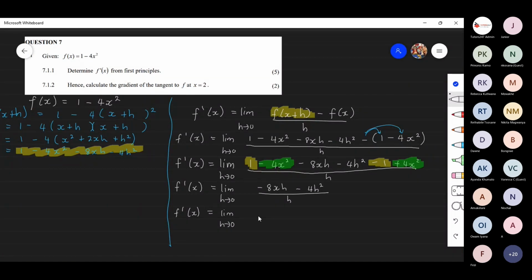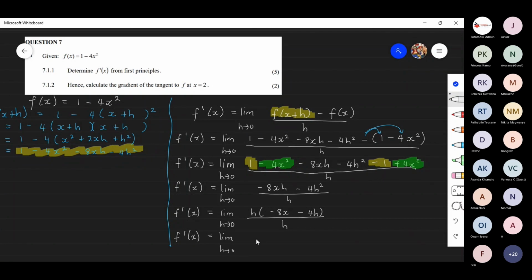Now let us take out our common factor, which is h, and we will be left with negative 8x minus 4h all over h. From this point, we can see that the top will cancel out with the bottom.